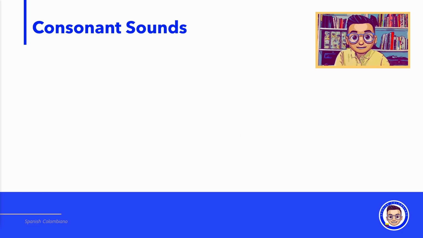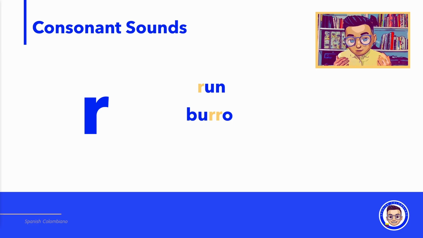The next one is r. This one is good. You can find it in words like run and words in Spanish like burro. This sound is particularly difficult for people that speak English because you don't have this sound in English.